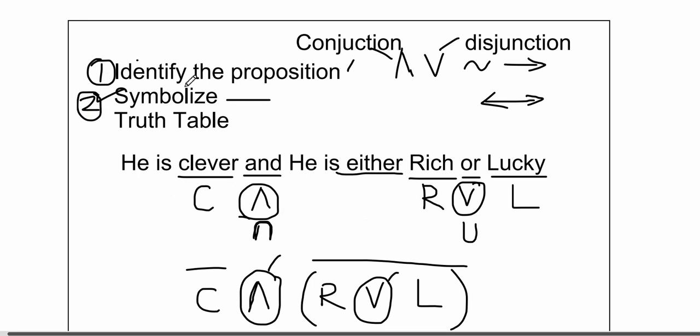We'll also go through identifying the proposition. What is the dominant connective type, whether it is and, which is conjunction, or or, which is disjunction, this is negation, this is implies or implication, and this one is bidirectional.